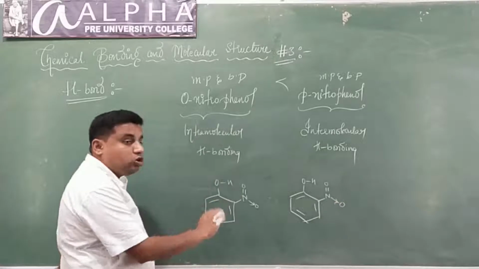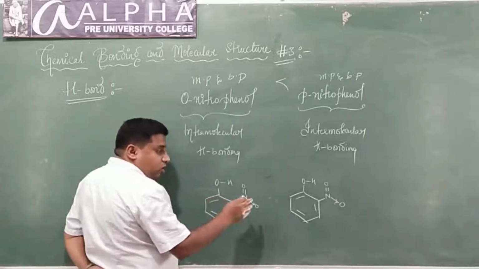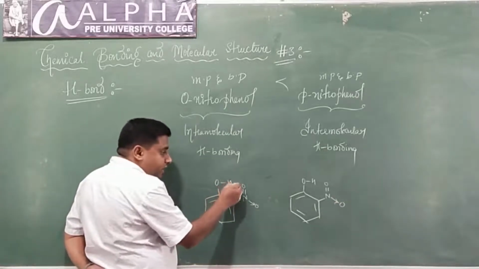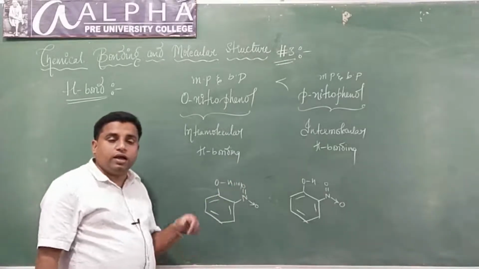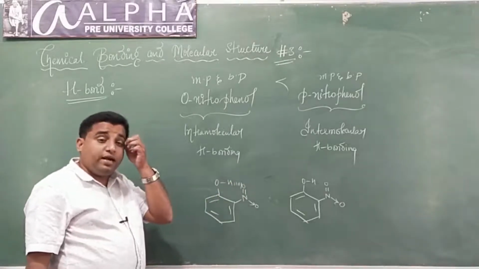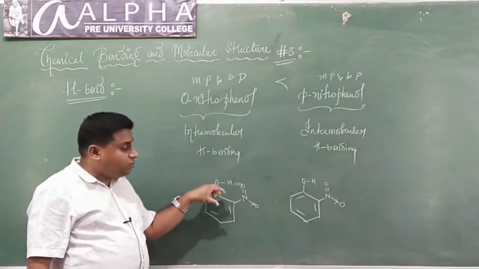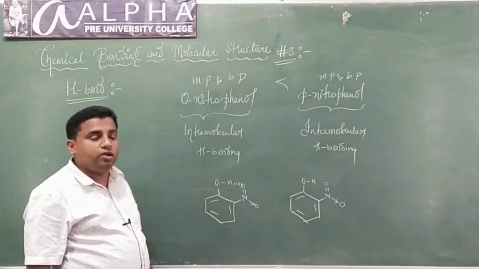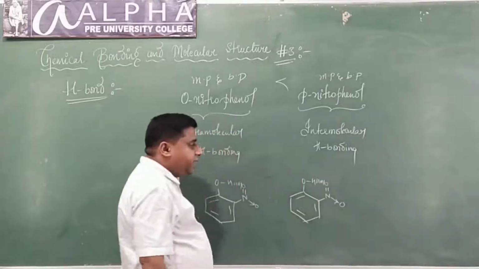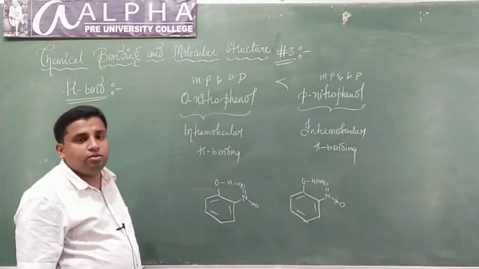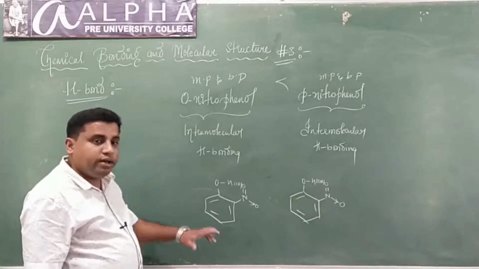In orthonitrophenol there will be intramolecular hydrogen bonding. What is intramolecular hydrogen bonding? The hydrogen bonding within the molecule is called intramolecular. So here also there is hydrogen bonding which is called intramolecular hydrogen bonding. Am I correct? Yes.